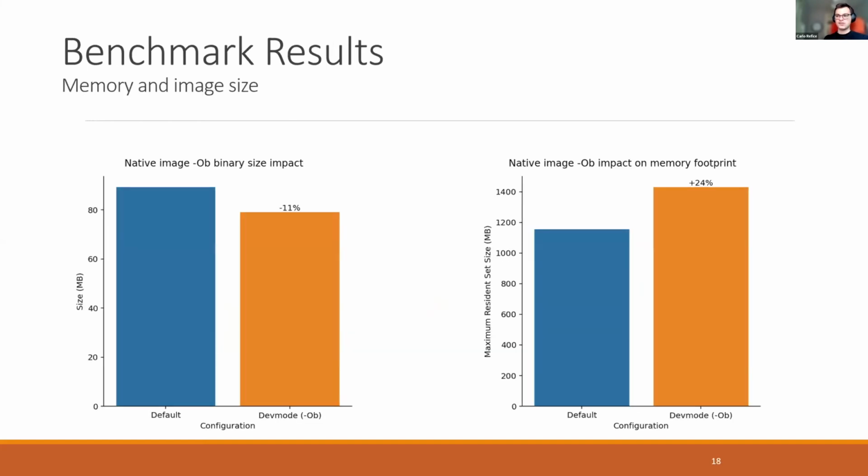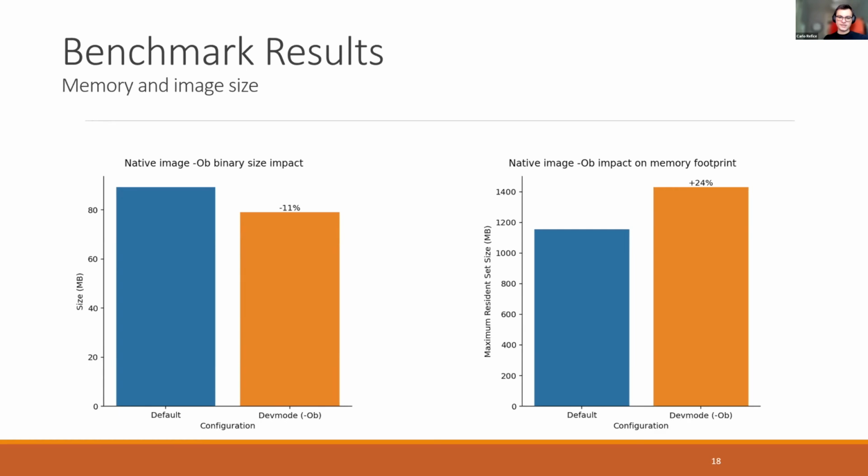Finally, looking at the space impact of this mode, it is quite reasonable. We found around an 11% decrease in the size of the generated image, which is also due to the reduced inlining, which makes the code smaller since it is not copied around in the executable as much.